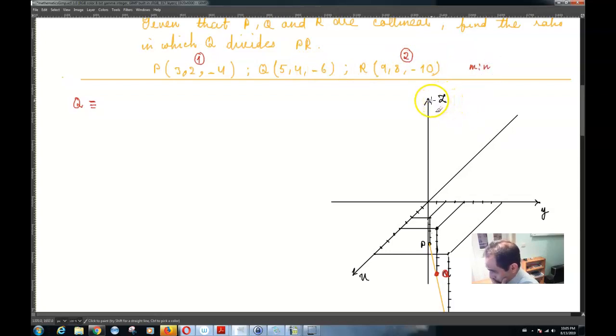Of course you can take that as K to 1 or 1 to K as well, but I don't think it's really necessary here.